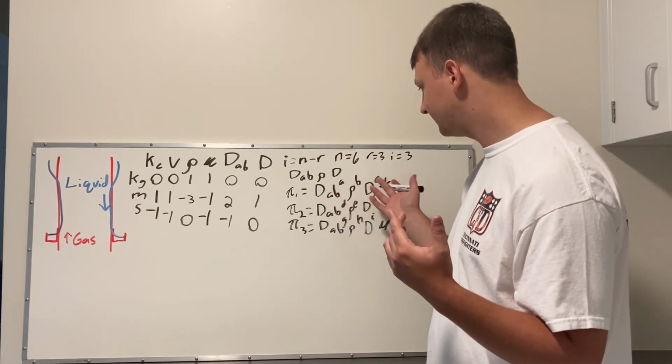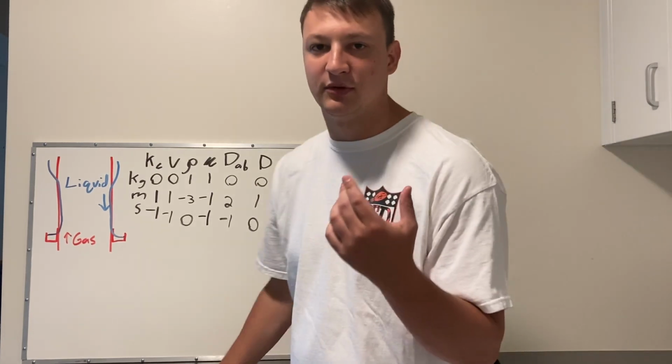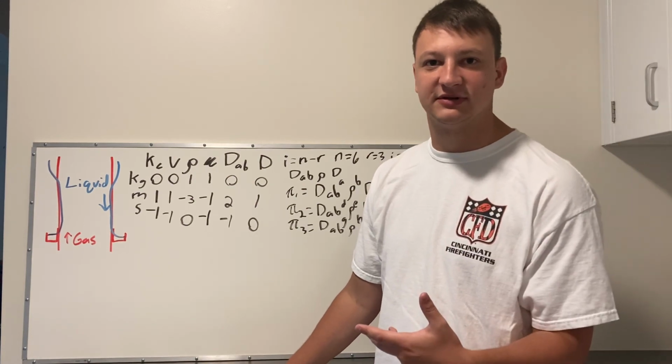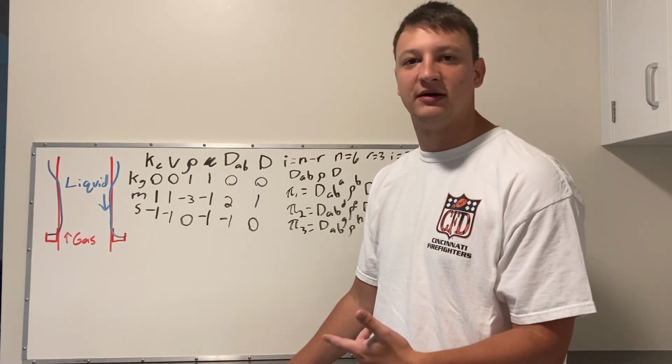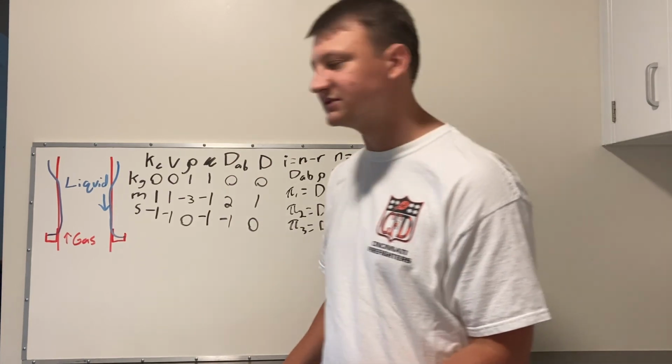Now we're going to look at each of the units of these variables and cancel them out, going from 3 different equations using 1 for mass, 1 for length, and 1 for time.